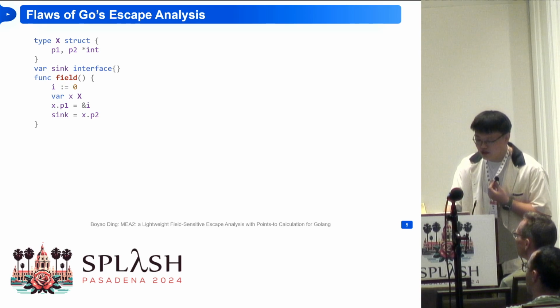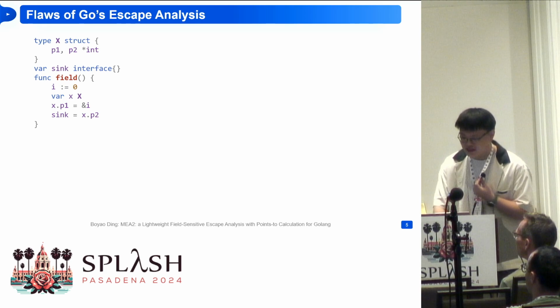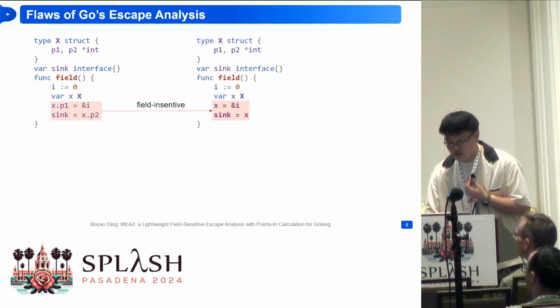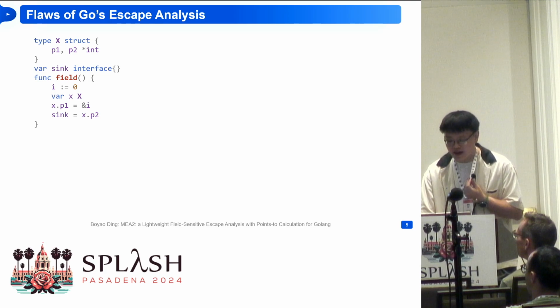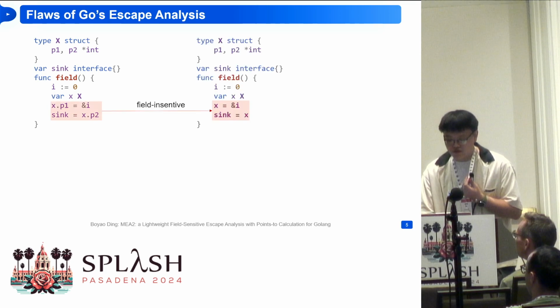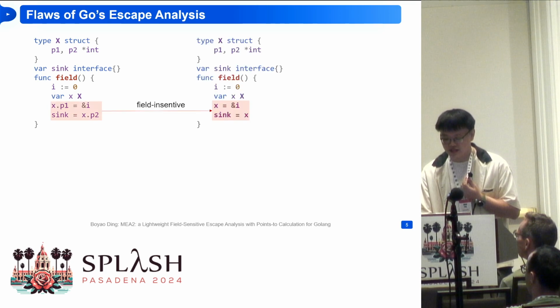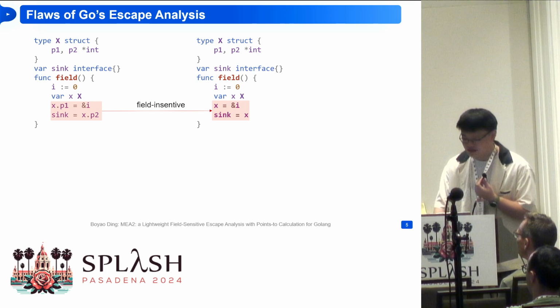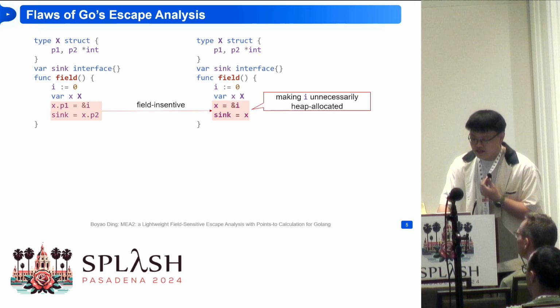In this example, we declare x with type X, and the address of i is assigned to x.p1, while x.p2 is assigned to a global variable sink. From a field-insensitive perspective, the algorithm doesn't distinguish between objects and their fields, leading it to believe that the address of i is passed to sink via x, resulting in the unnecessary heap allocation of i.